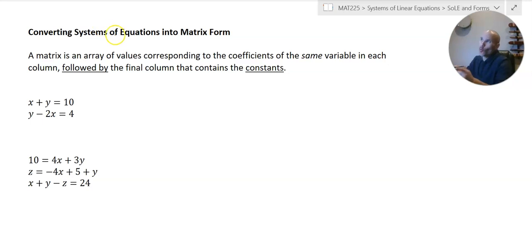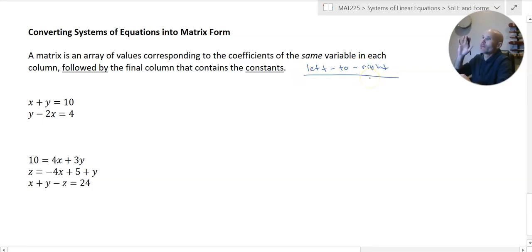And specifically, the way we want to do this is the values need to correspond to the coefficients of the same variable in each column, followed by the final column that contains the constants. So this is from left to right. Each column is going to contain the coefficients of the corresponding variables.